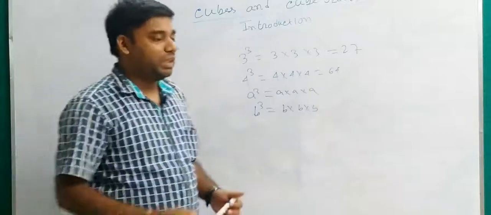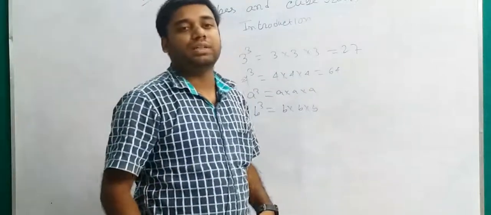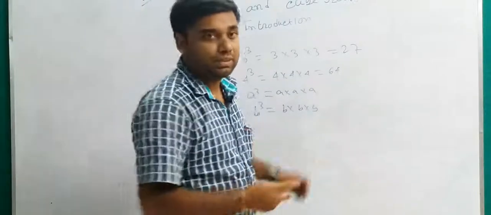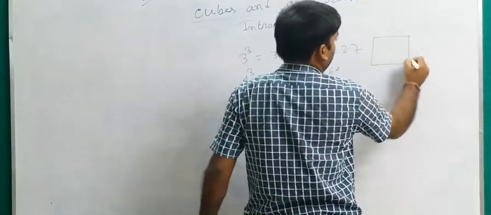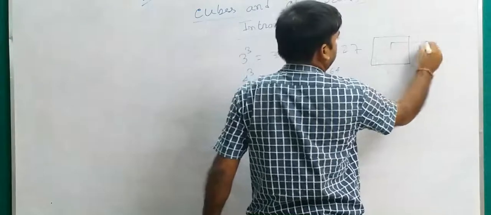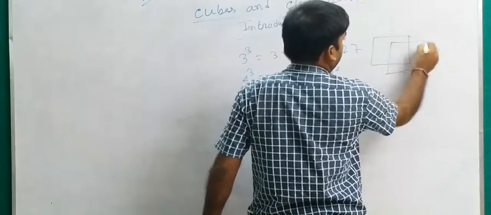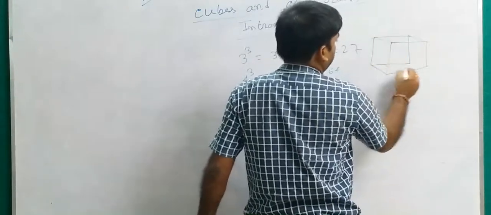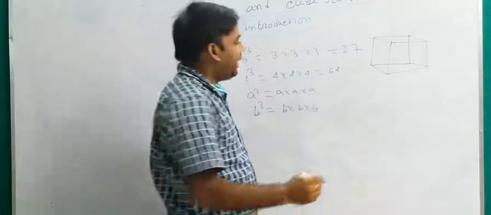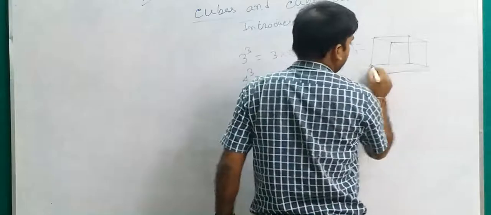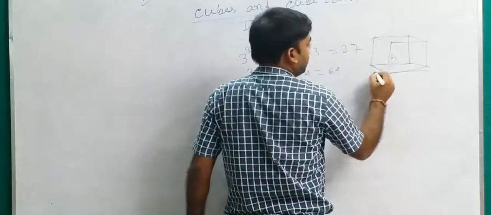In geometry we have heard of the solid cube, the 3-dimensional figure which has length, breadth and height.